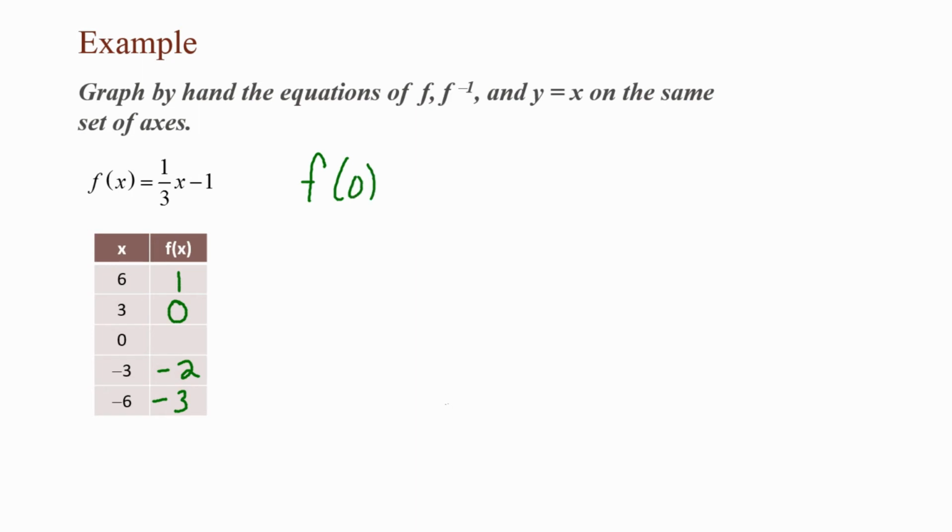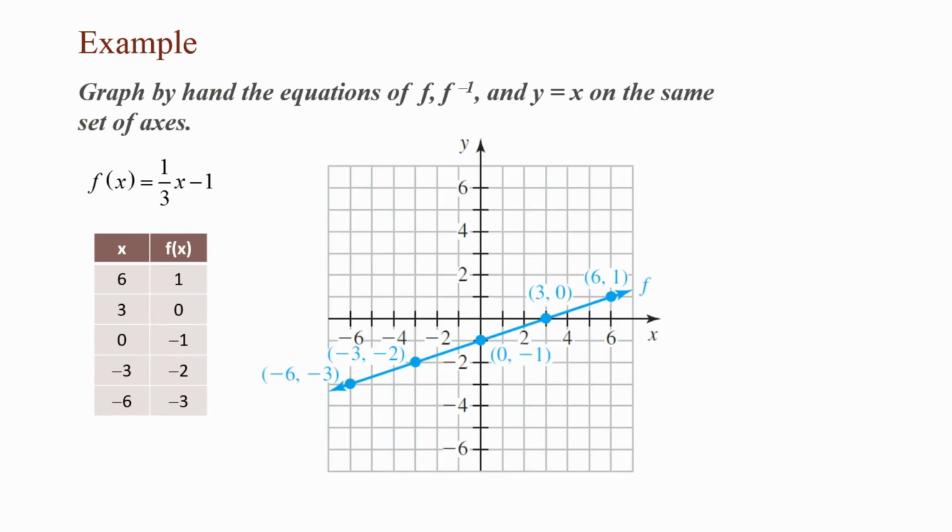Now finding f of 0, that equals 1/3 times 0 minus 1. 1/3 times 0 is 0, and 0 minus 1 is -1. So I have the ordered pair (0, -1). Graphing my function, I have the ordered pairs (-6, -3), (-3, -2), (0, -1), (3, 0), and (6, 1).